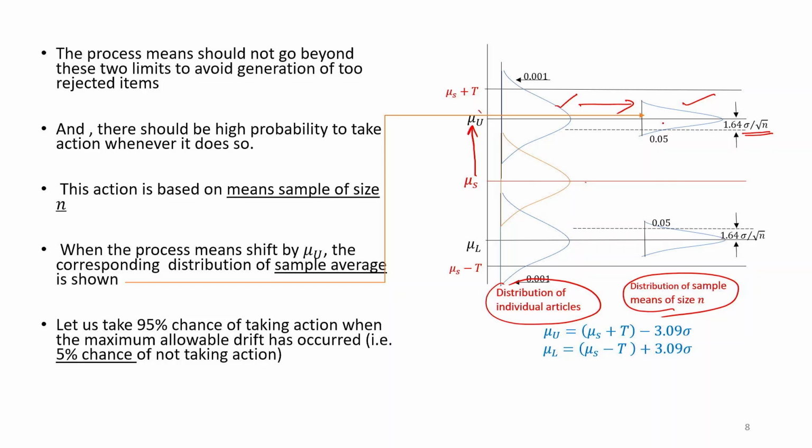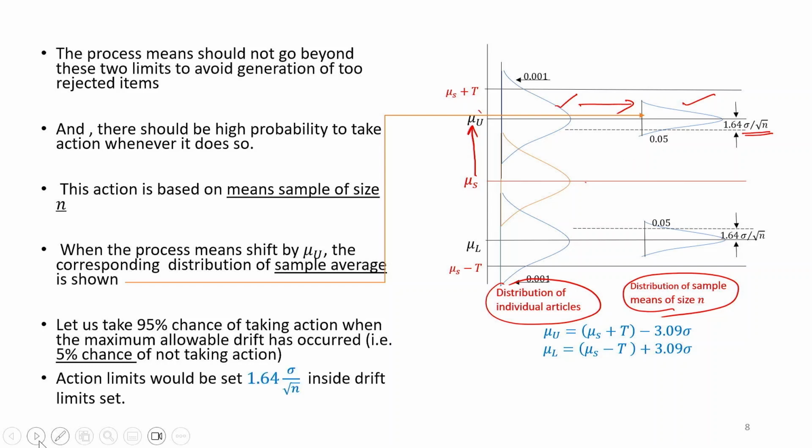And let us say now 95% chance of taking action when the maximum allowable drift has occurred. The sample mean distributions are shown, which are narrower. The action limits would be set at what level? At 1.64 sigma by root n inside the drift limits.